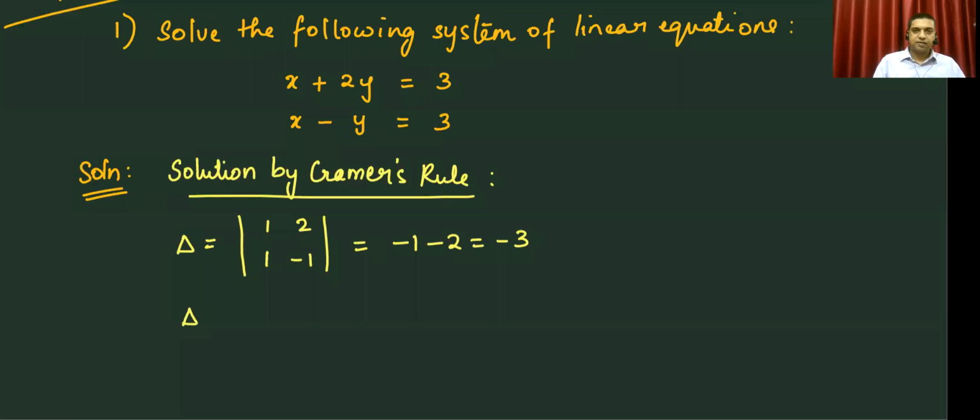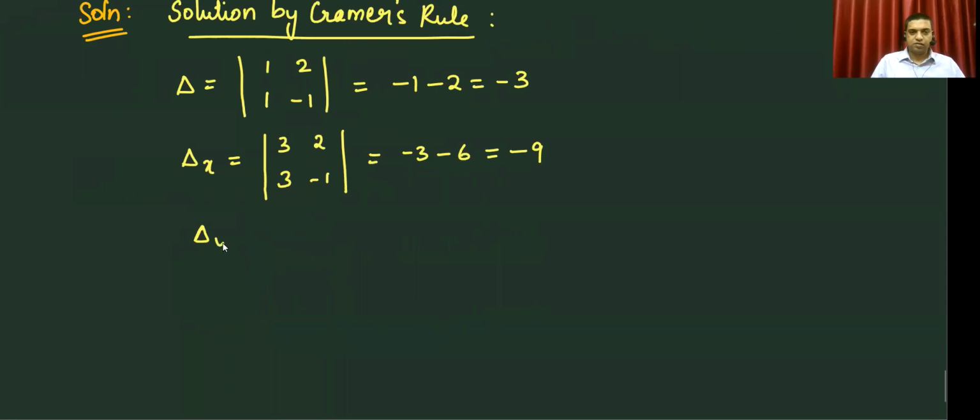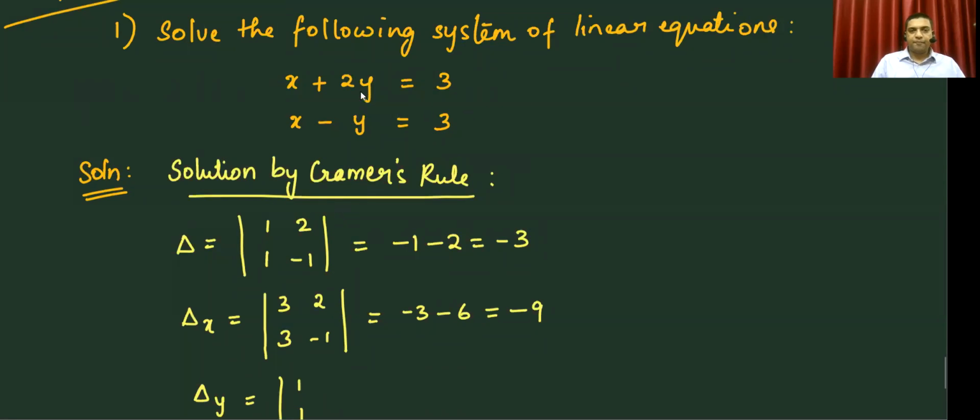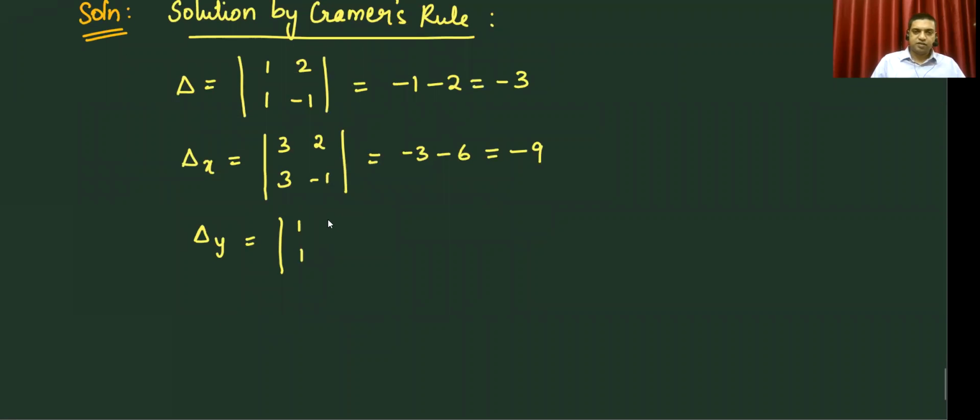Delta x is obtained by replacing the coefficients of x by the constants, and the coefficients of y remain as they are. You get minus 3 minus 6, which is minus 9. And delta y is obtained by replacing the coefficients of y in delta by the constants. You get 3 minus 3, which is 0.